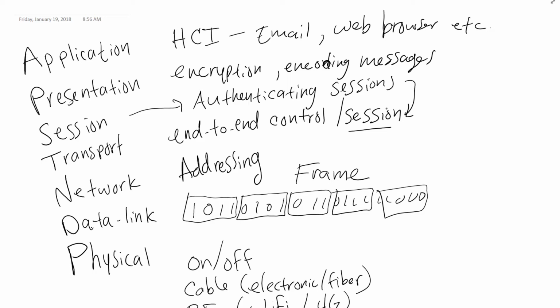So that's the 7-layer model in a nutshell. And if you recall, I said that the 7-layer model for this class, although very important, is less important than the 4-layer TCP/IP model, which takes the 7 layers and compresses them down into 4 layers.